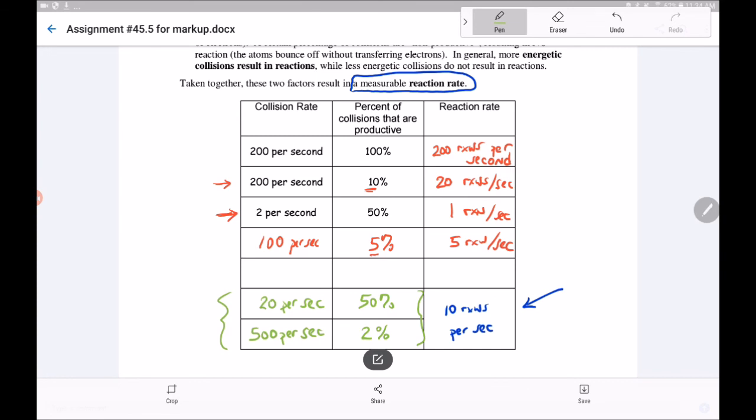So you can see both of these green conditions result in the same measurable or observable result. And so this is sometimes detective work to figure out what went wrong here. Why was this reaction slow? Was it because the collision rate was low, or was it because the percentage of collisions that were productive was low?